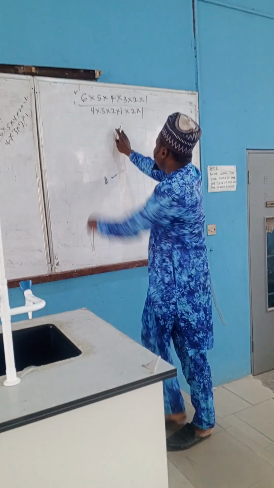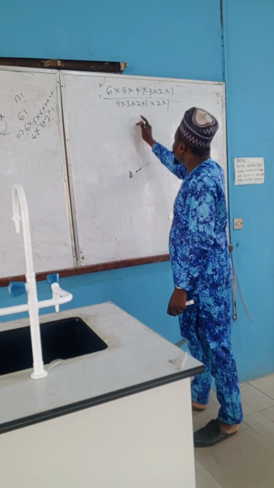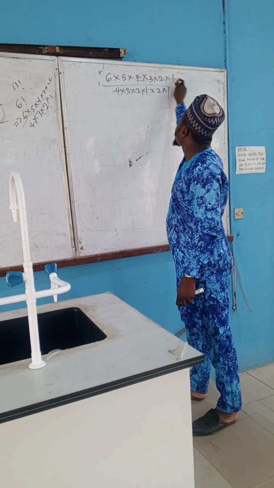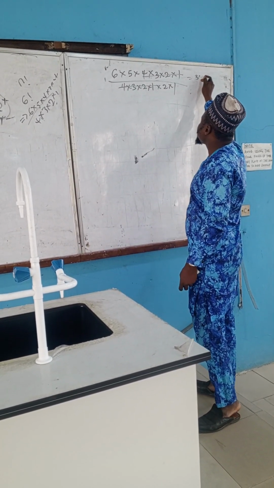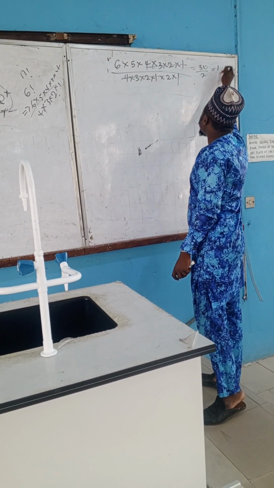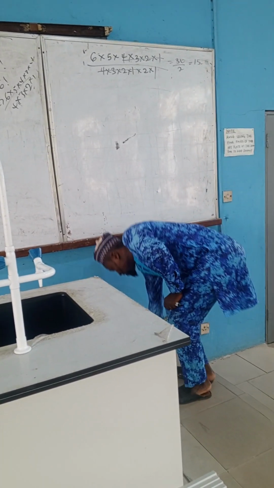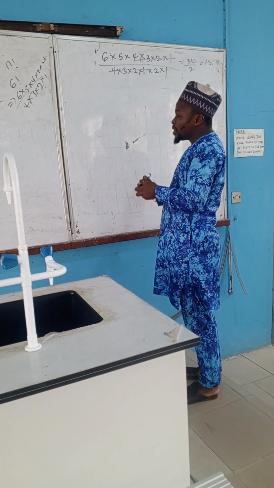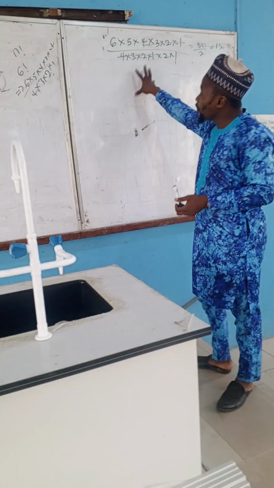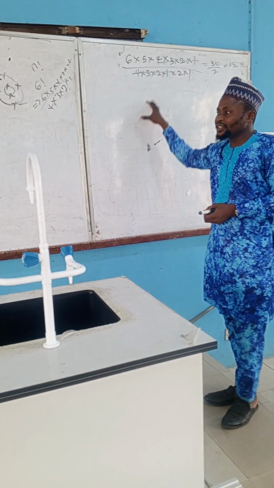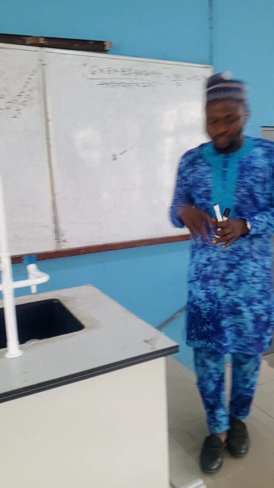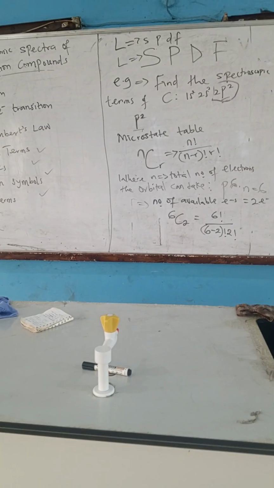So, to simplify, this cancels out, and you have 30 all over 2. That is 15. That means we have 15 ways in which we can arrange the 2 electrons.